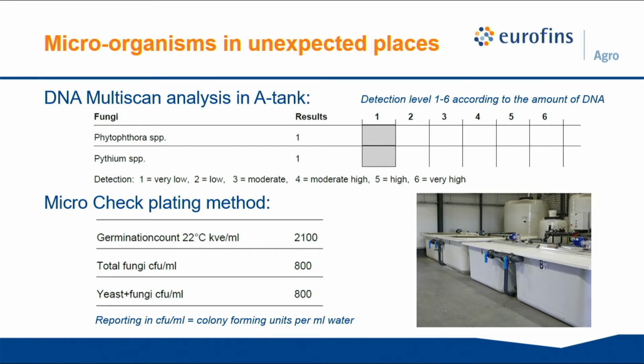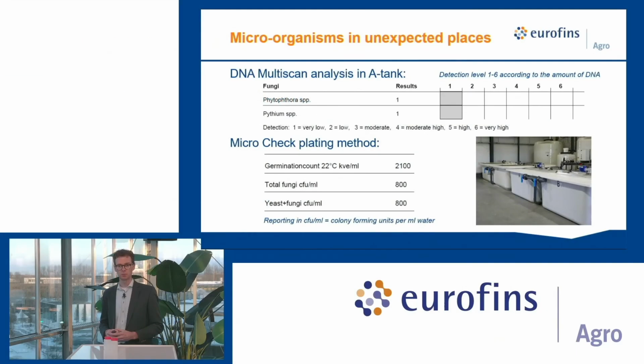But they are growing there. This grower had quite a lot of problems with these fungi in his crop. So these fungi were growing in the fertilizer tanks. And also if we plate the water, we see a high amount of colonies growing on a plate. Fungi and also the colony count is quite high.